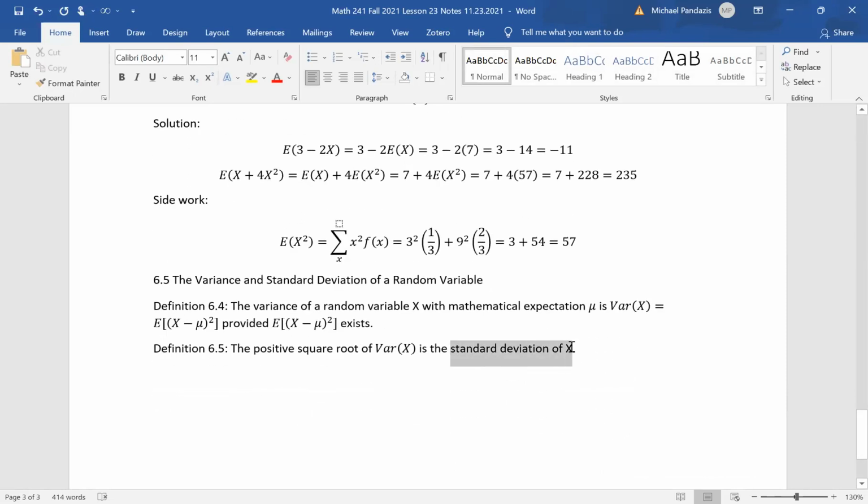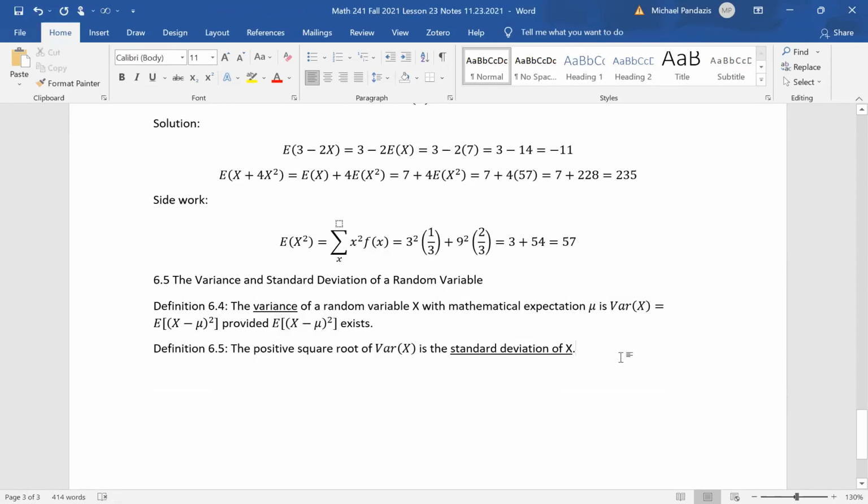So we have the standard deviation of X, the positive square root of the variance of X. And the variance is the expected value of X minus mu squared. The standard deviation is the square root of that.